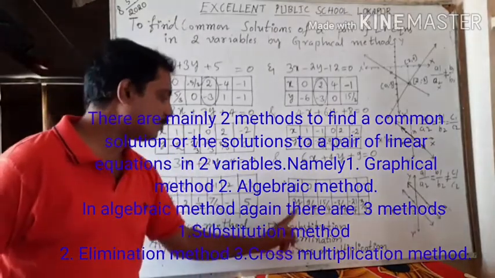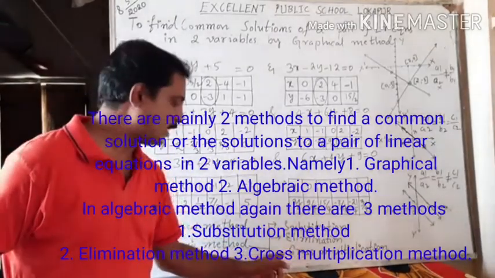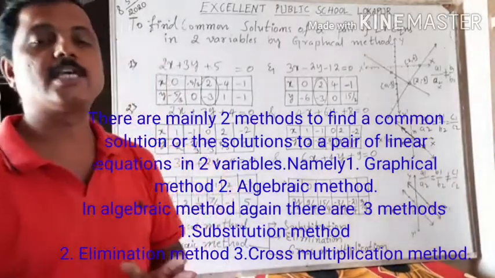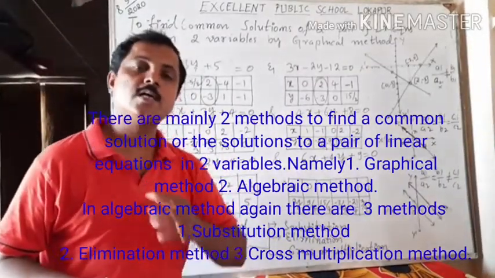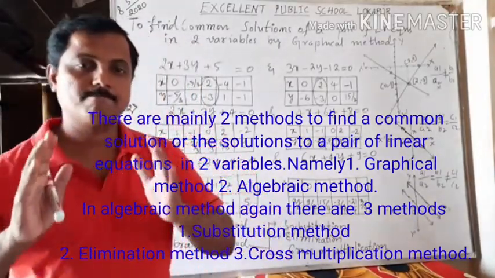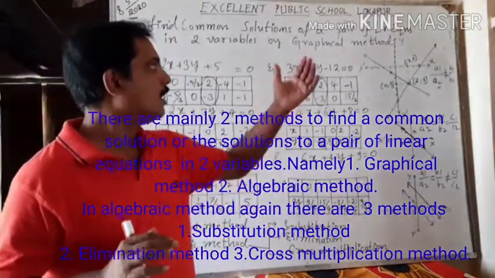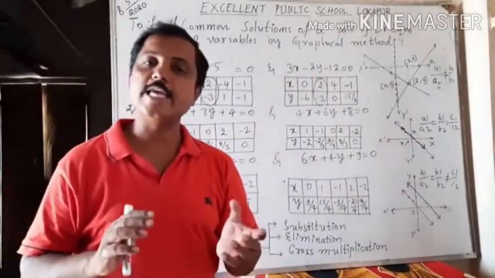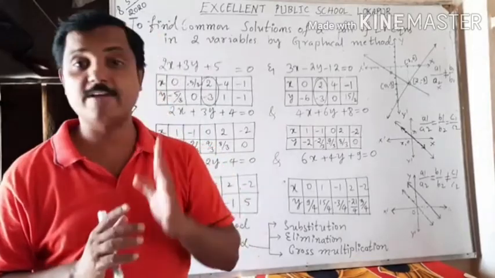They are substitution method, elimination method, and cross multiplication method. But in today's section, I am going to discuss how to find the common solution to both the equations by graphical method.